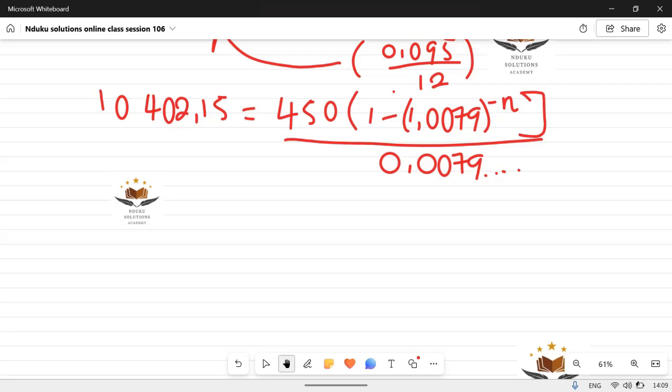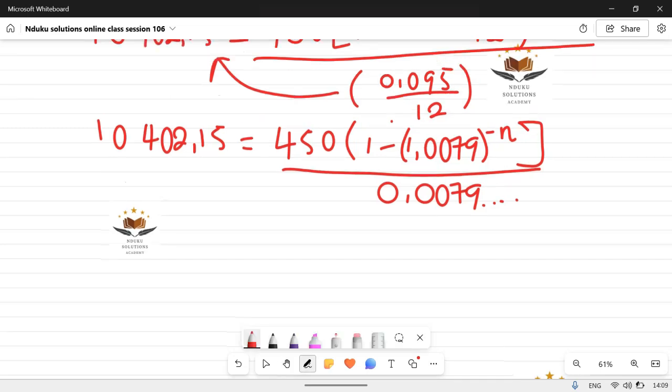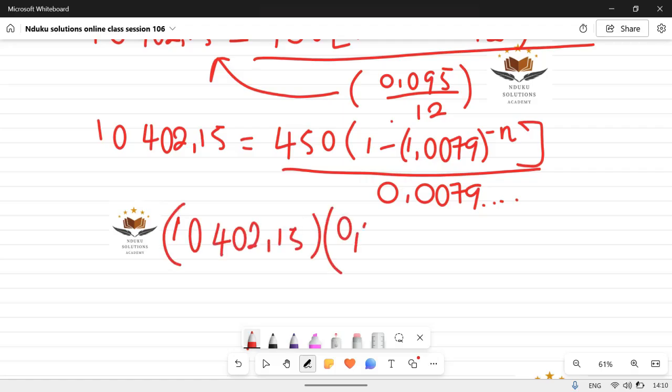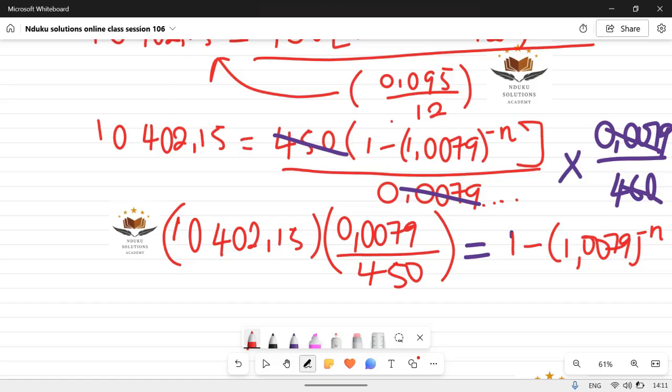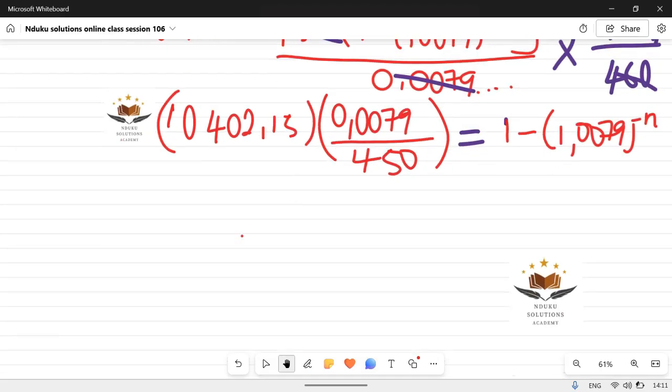Save them in your calculator so that you don't lose any decimals. Then we continue to simplify to make our life much easier. This is our simplification on the left hand side. We're multiplying both sides by 0.079 and 450, so that we can get rid of the 450 and the 0.079 on the right hand side.